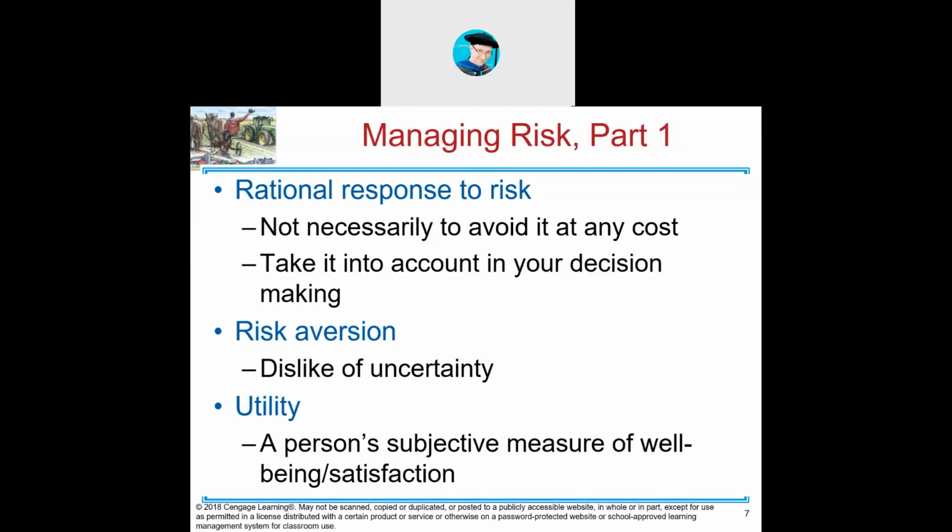It's super important. I personally am a risk averse kind of person. I don't like risk. I don't like taking risky moves. Sometimes I do. It depends on what it is, right? But mostly I'm risk averse, which means I don't like uncertainty.